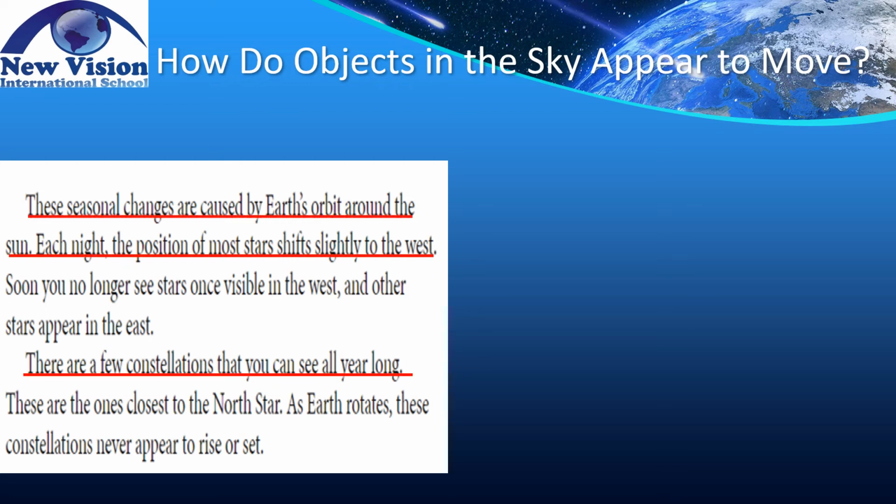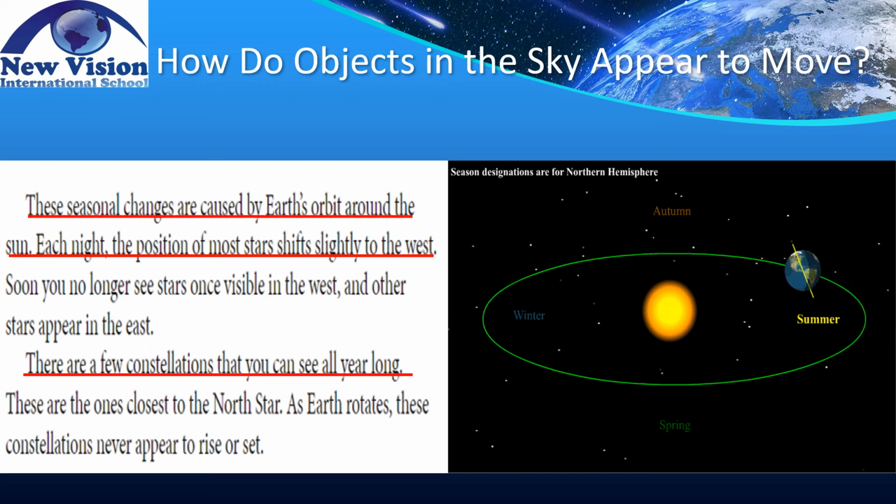These seasonal changes are caused by Earth's orbit around the Sun. Each night, the position of most stars shifts slightly to the west. There are few constellations that you can see all year long.